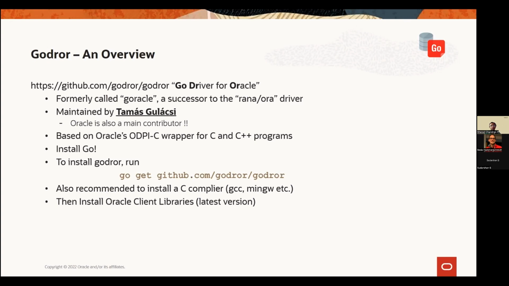First, you of course install Go, which is available open source. Then you install Godror with the go get command. Finally, you're also recommended to install a C compiler, since we will be talking to C packages or C libraries. Finally, you need to install the Oracle client libraries, because we will use the Oracle client libraries to connect to the Oracle database.